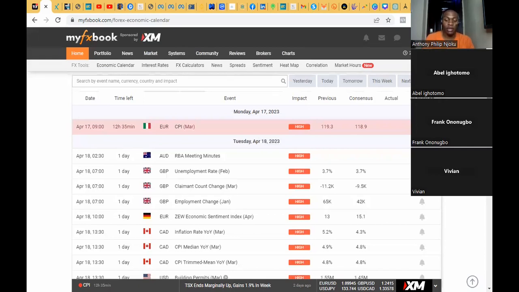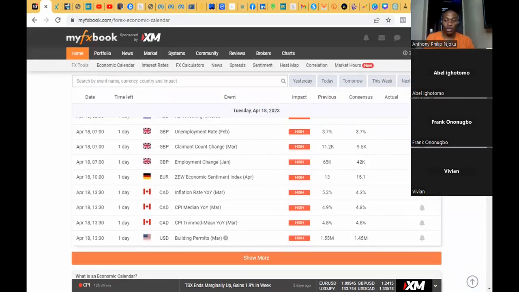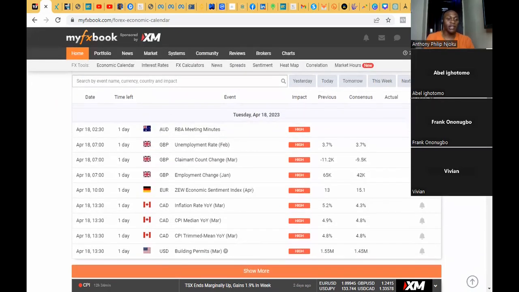So we have some high impact news on Hero that has chances of moving the market and adding volatility into the market. Then on Tuesday, we have more high impact news on Australian dollar by 2:30 a.m. West African time. That's for Asia session. Then in the morning, we have high impact news on GBP by 7 a.m. and by 10 a.m. Euro.